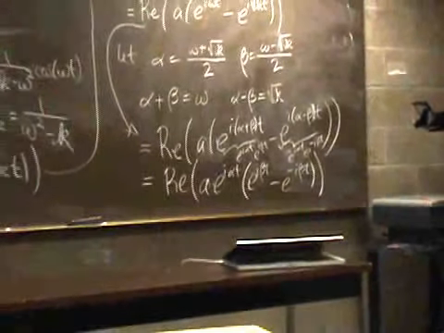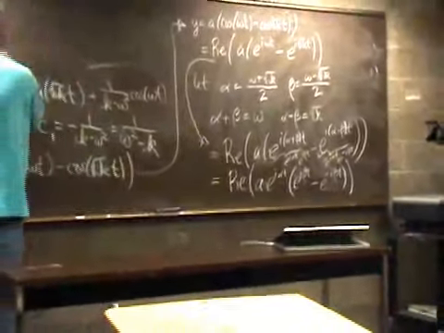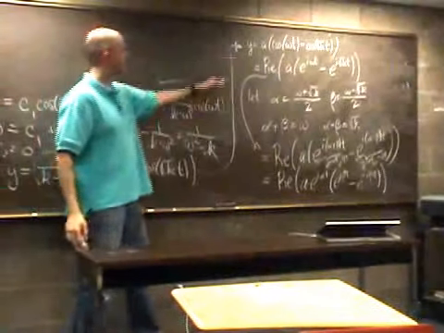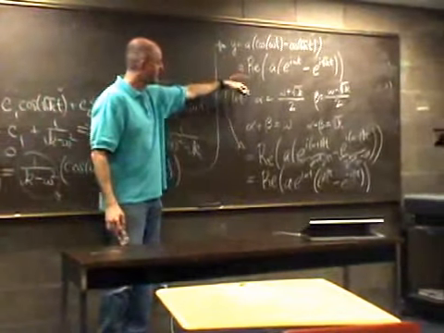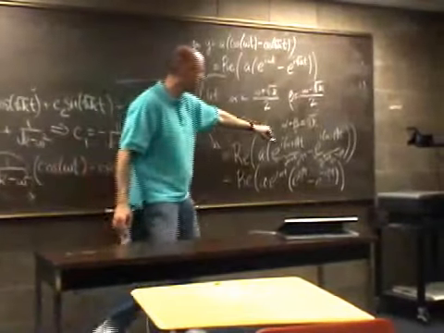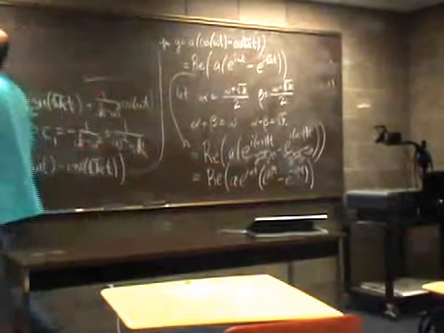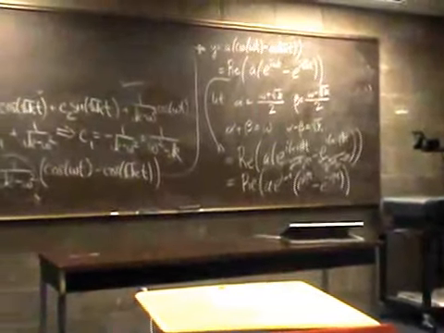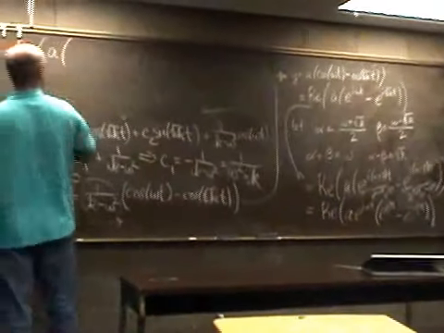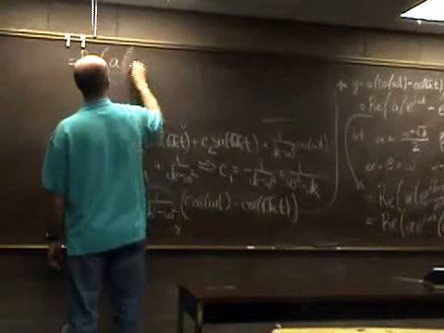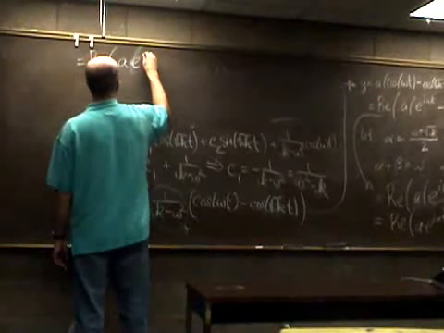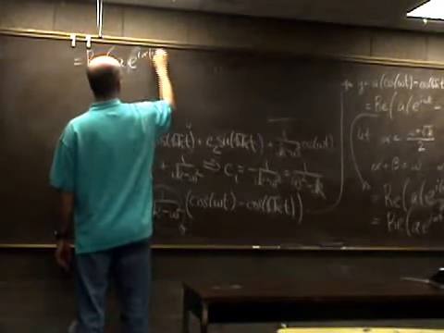Now I'm going to use Euler's formula. Again, I used it up here. I'm going to use it again, but not on the entire thing. I'm only going to use it on this difference here. We've got the real part of A times e to the i alpha t.